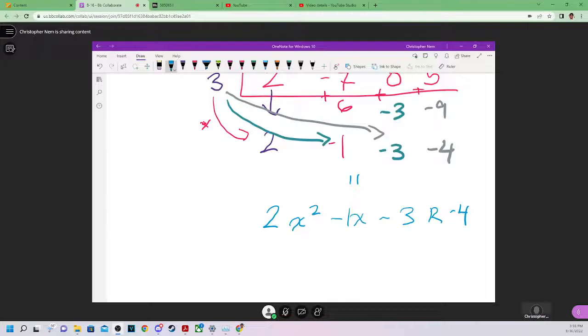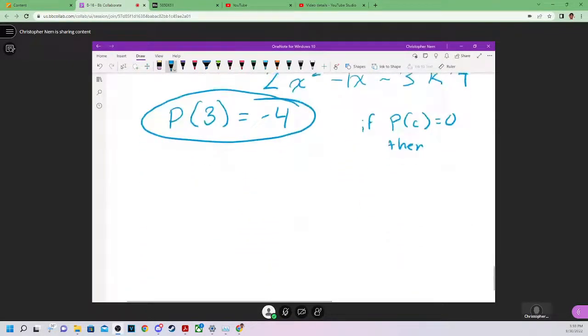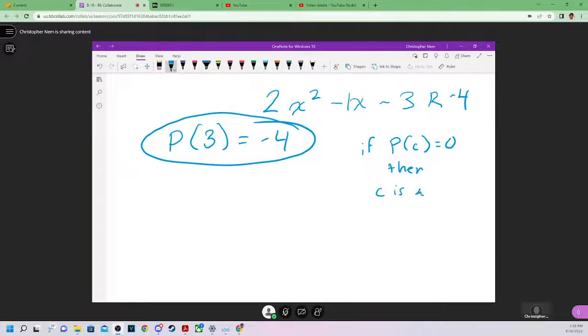So what does this mean? Well, that means that if I have my polynomial p and I plug in 3, that's going to give me -4. It will not give me 0 because it's not a factor. Remember, if p of c were equal to 0, then we can say that c is a 0 and x minus c is a factor.